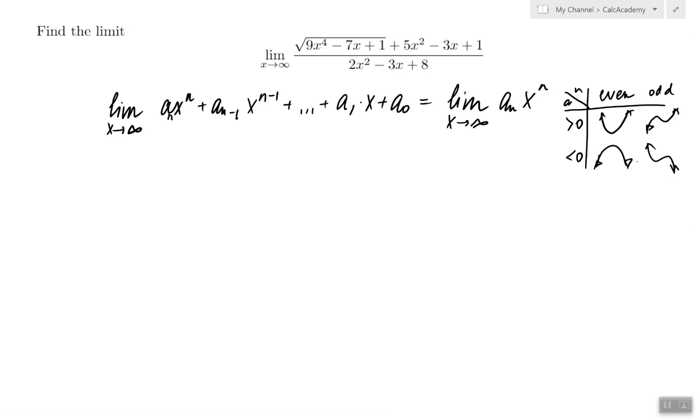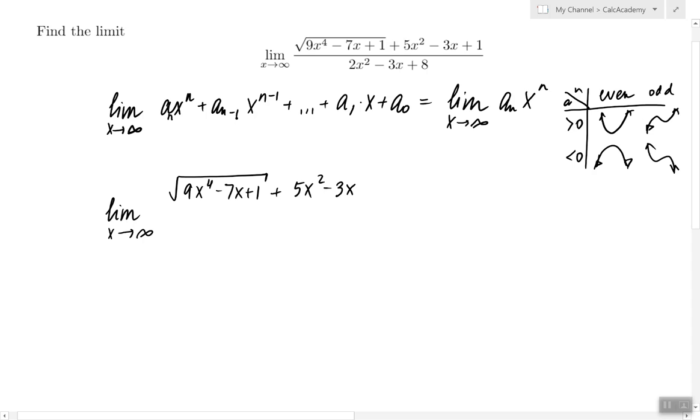So when it comes to finding the limits of functions that involve polynomials, we can do this trick and replace every polynomial that we see with just its leading term.